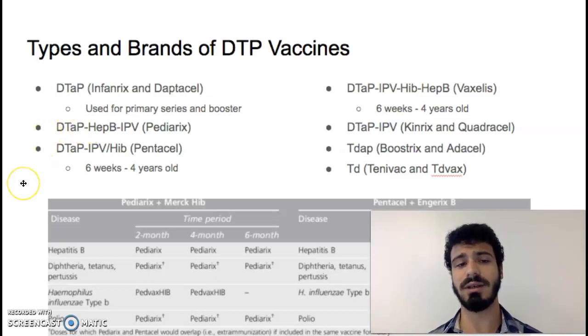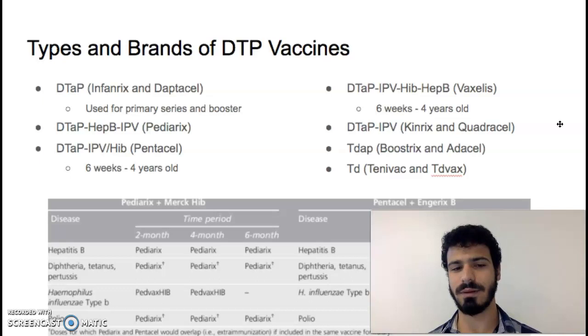Then there's the DTaP with IPV and Hib components. Then there's the DTaP with IPV, Hib, and Hep B, and then there's the DTaP with just the IPV component. And all of this is to just condense the recommended vaccine regimen for infants and children a little bit.